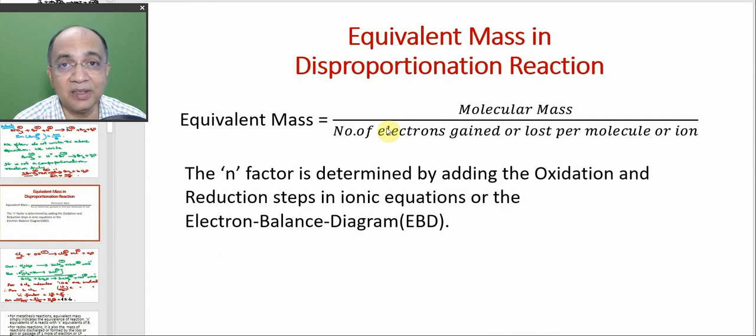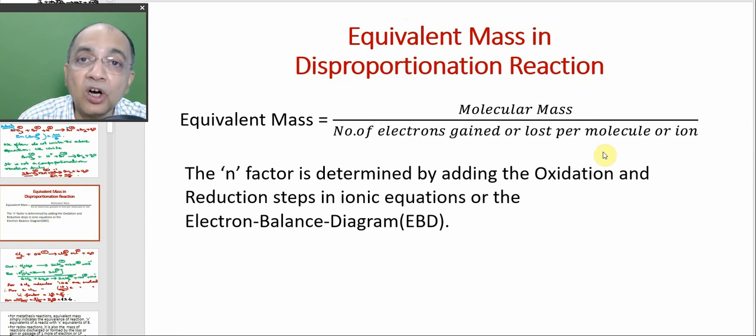All chemical reactions take place in equivalence. For that only. So the equivalent mass of any substance undergoing disproportionation or auto-redox is equal to molecular mass divided by the number of electrons gained or lost per molecule or per ion undergoing disproportionation reaction.